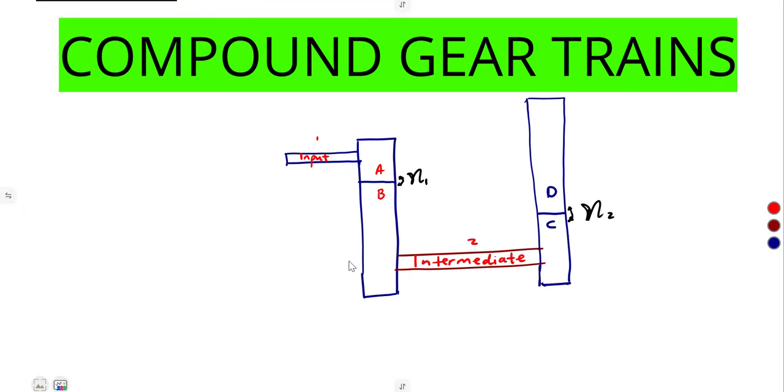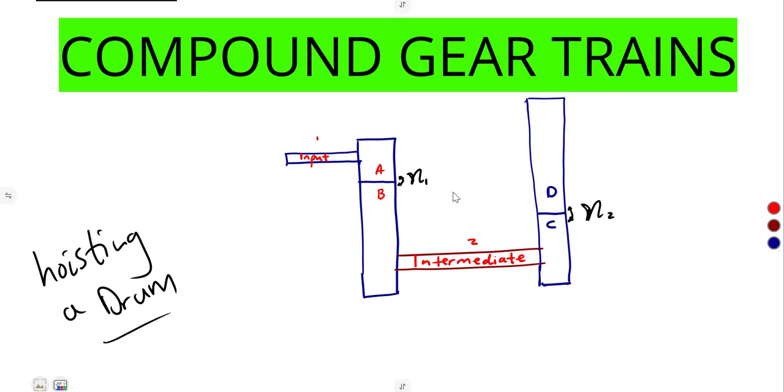But now, the compound gear train used in hoisting a drum. It means the whole system, here at the output where we have D. Remember, we've got the input shaft, then the intermediate. What was supposed to happen at D? We must have a shaft on the output now.